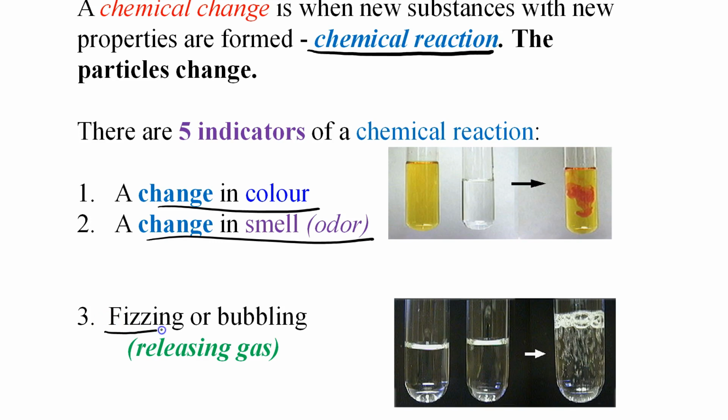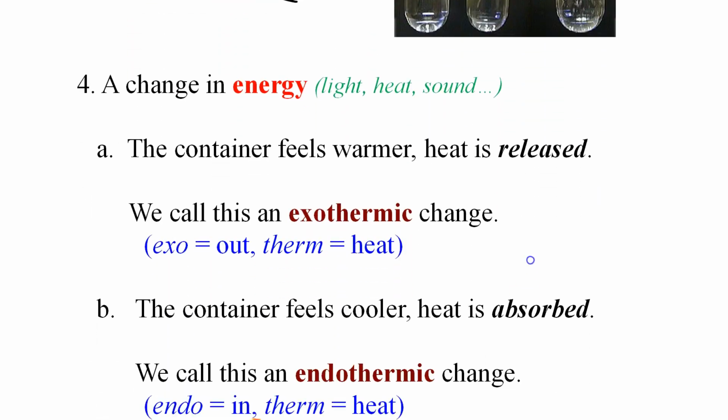The other thing that we can see is a fizzing or bubbling. This is a releasing of gas. Now if you take any acid and you put a metal in it, it will produce hydrogen gas. So that gas comes off in the form of bubbling and fizzing.